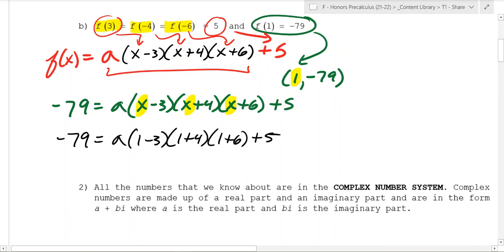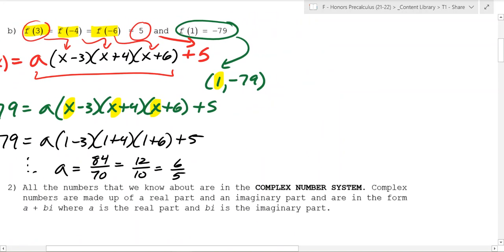And when you do this out, you end up with a is equal to 84 over 70, which simplifies to 12 over 10, which simplifies to 6 over 5. I like leaving it like that.